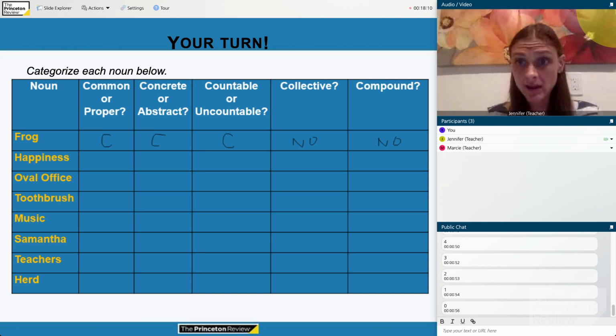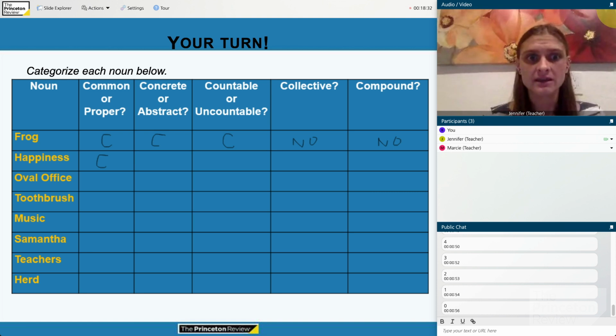Our next noun here, happiness. Is that common or proper? It's not a specific anything, so it's just going to be common. Concrete or abstract? Can you touch happiness? Can you see happiness? No, you can't, so that means it is abstract.